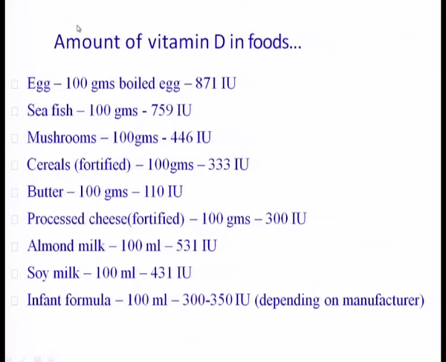Although we could supplement ourselves from dietary sources, eventually the demand is more and the amount of food that people consume over a period of time decreases. So this idea about the availability of vitamin D in a variety of foods would help us in choosing the kind of food that would help us restore the loss of vitamin D.